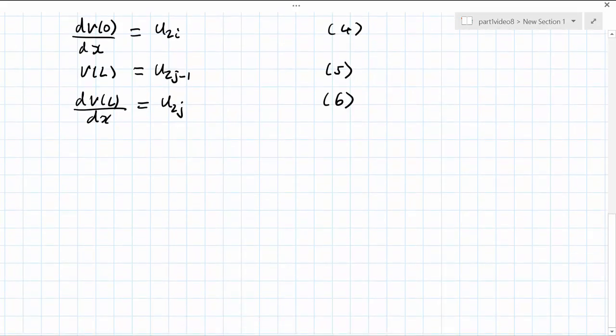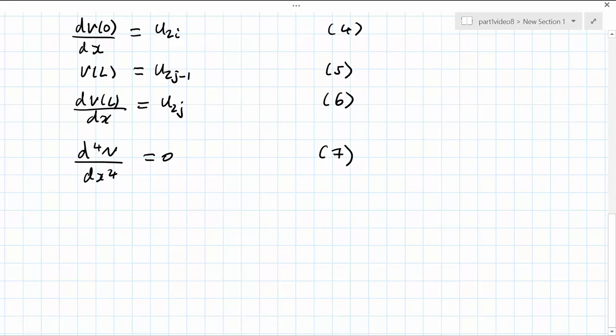Because we are only interested in what's happening at the nodes, we can neglect the uniformly distributed load term W(x) in equation 2. So the governing differential equation is now written as d⁴v by dx⁴ equal to 0.